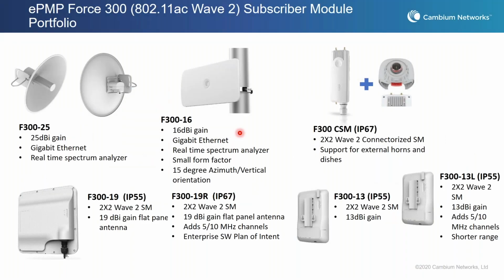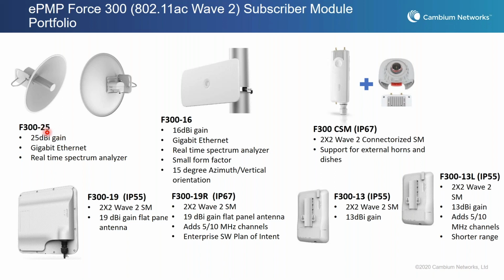Okay, so this one is the subscriber modules for the ePMP 3000 or 11ac. What we did for the 11ac subscriber modules, you can see that the subscriber modules for the ePMP 3000 are named FOS 300. So access point is 3000, subscriber module is 300.